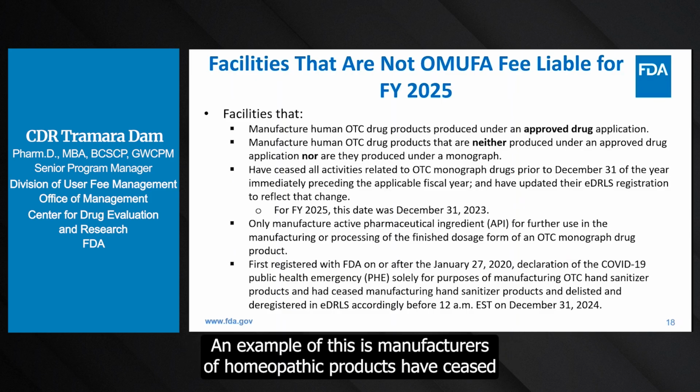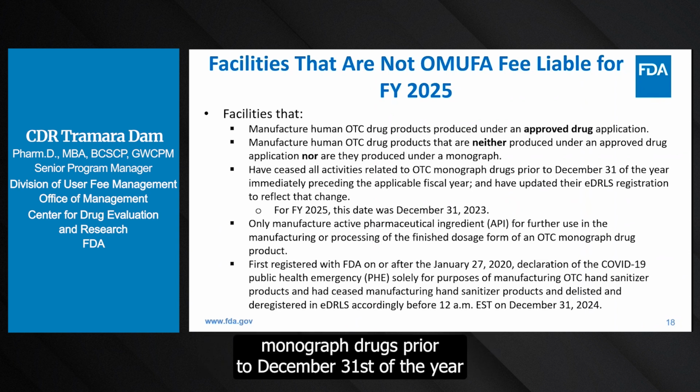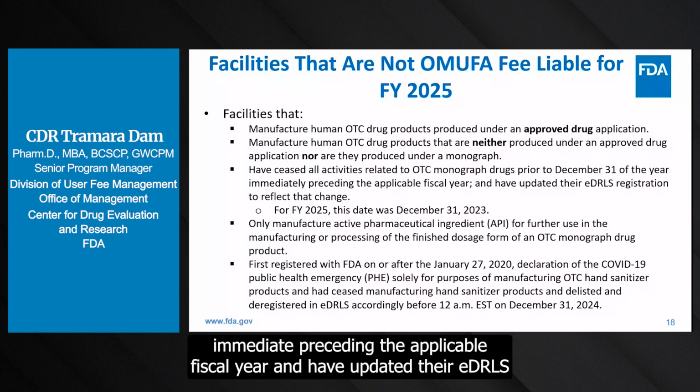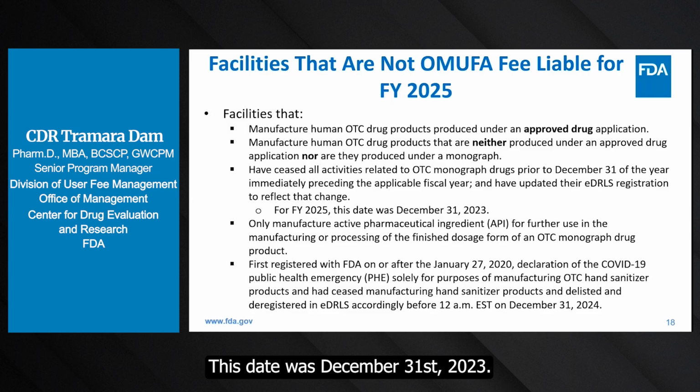An example of this is manufacturers of homeopathic products. Also not fee liable are facilities that have ceased all activities related to OTC monograph drugs prior to December 31st of the year immediately preceding the applicable fiscal year and have updated their EDRLS registrations to reflect that change. For FY 2025, this date was December 31st, 2023.